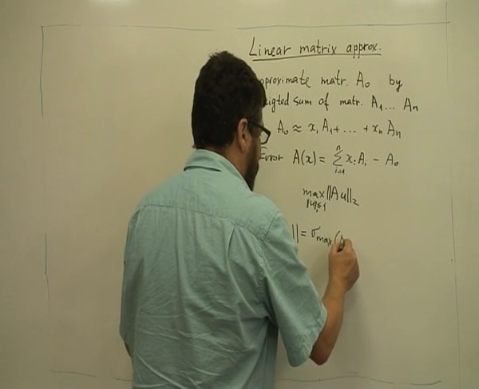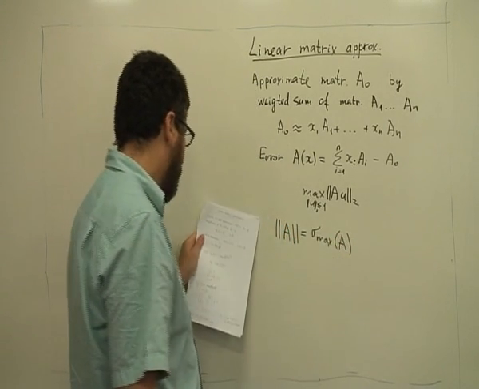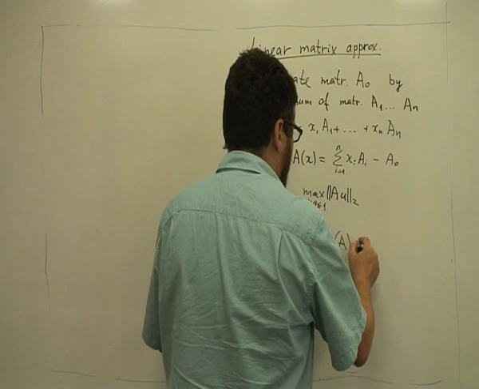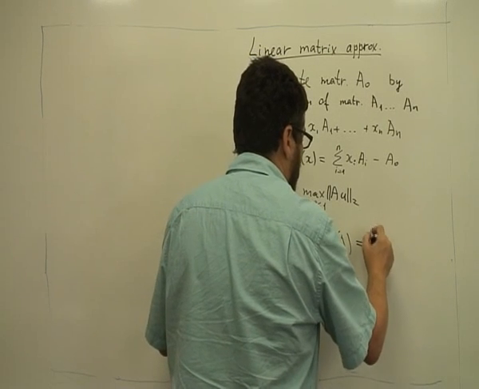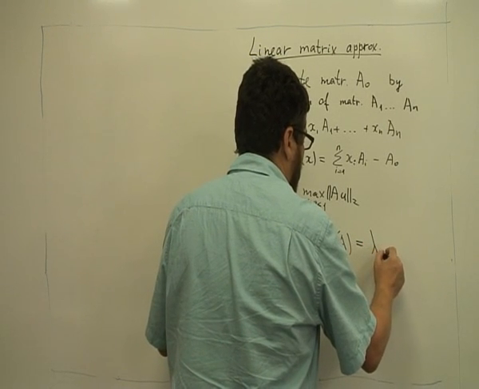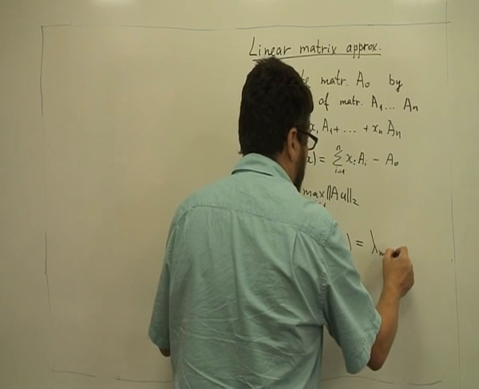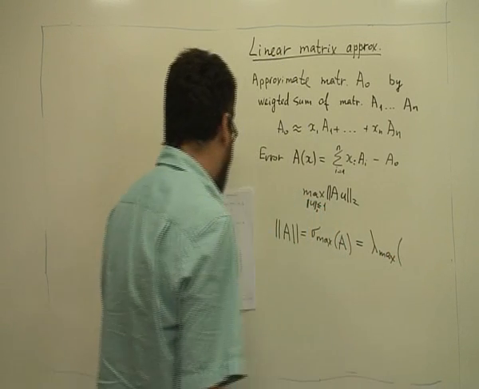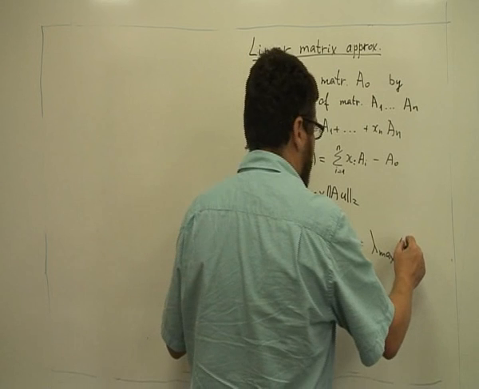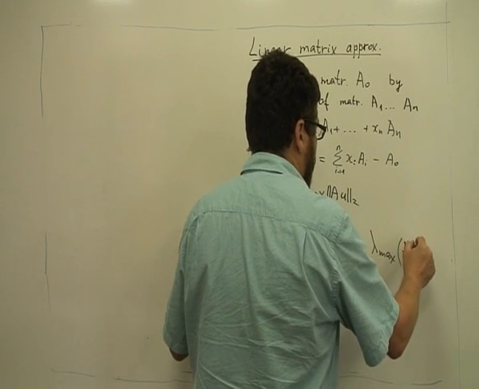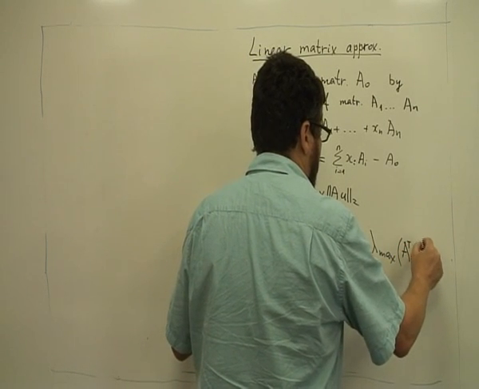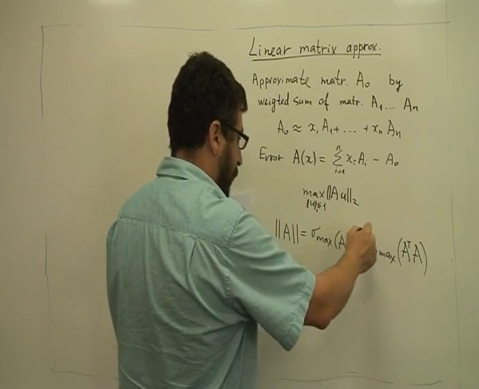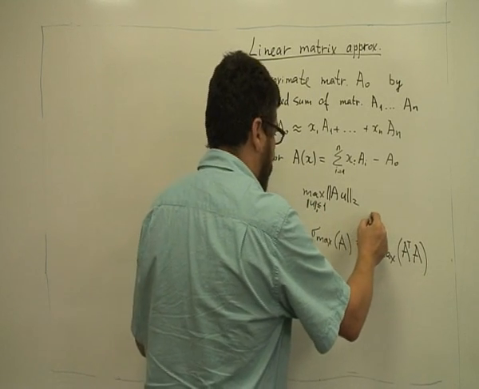If not, I will write it immediately: it's the maximal eigenvalue, lambda max, of the matrix A transpose A, and one should take the square root of this maximal eigenvalue.